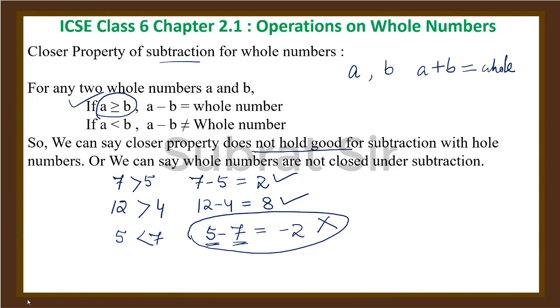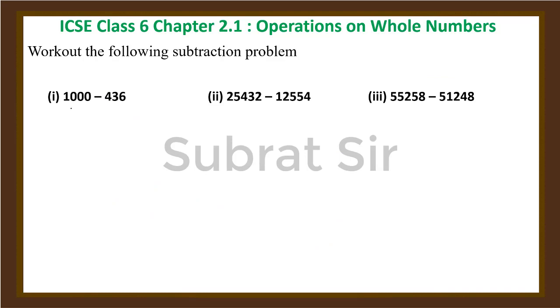Let us take more examples. 1000 minus 436. Here 1000 is greater than 436. So definitely we will get a whole number as a result. 10 minus 6 is 4, then 9 minus 3 is 6, 9 minus 4 is 5, so 564, and it is a whole number.